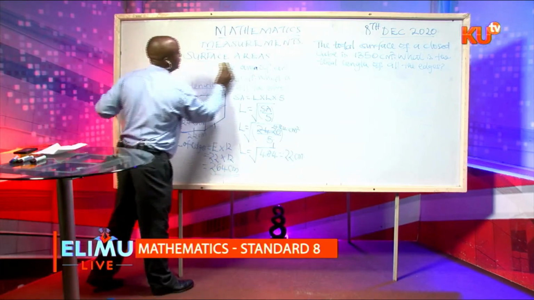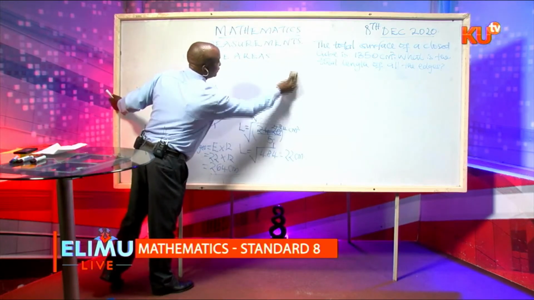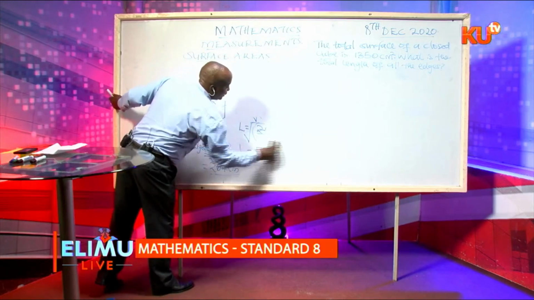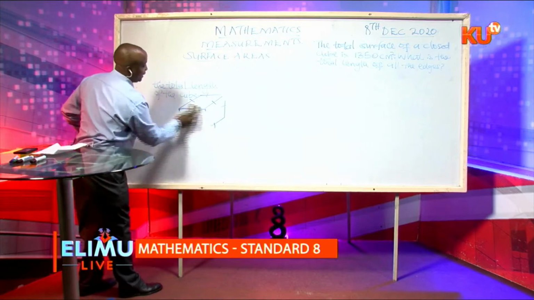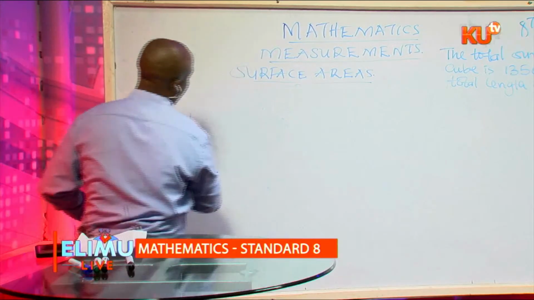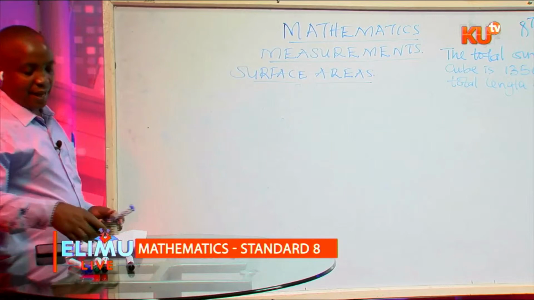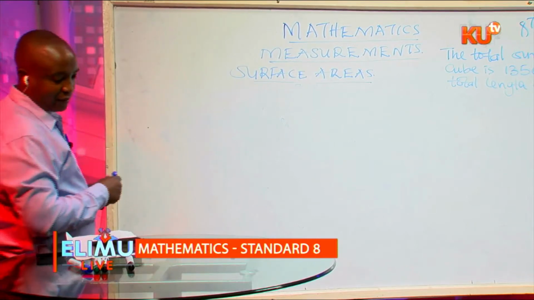Then I give you the last question of finding the length of a cube. And then I'm not going to ask the length, and I'm also not going to ask for the total length of edges. I'm going to ask for something else.